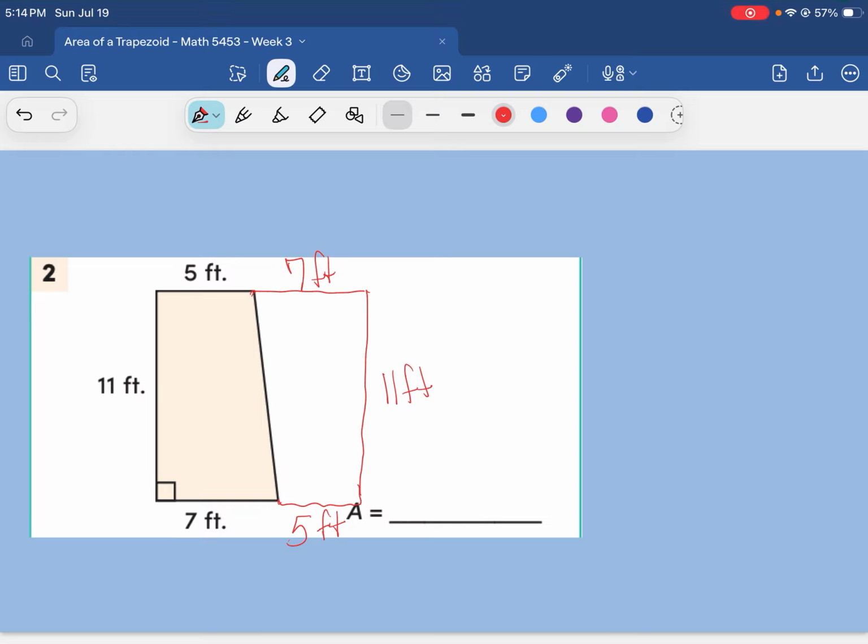So we can add the sides together, the 7 plus the 5, to give us 12 feet. Then we can use the area of a parallelogram formula to find the total area of that shape, which would be the base, 12, times the height, 11, which gives us 132 feet squared.